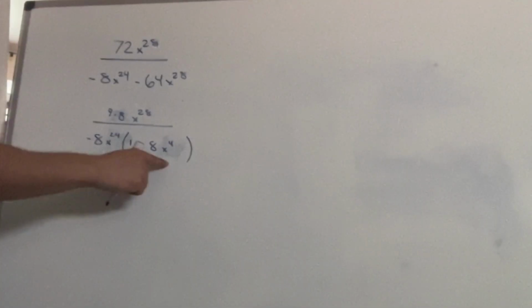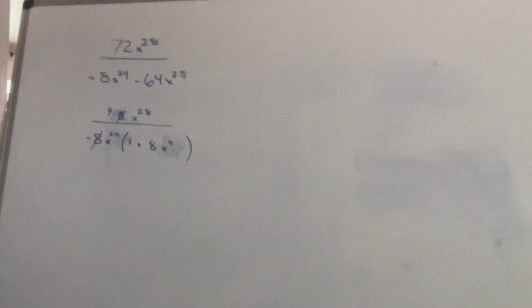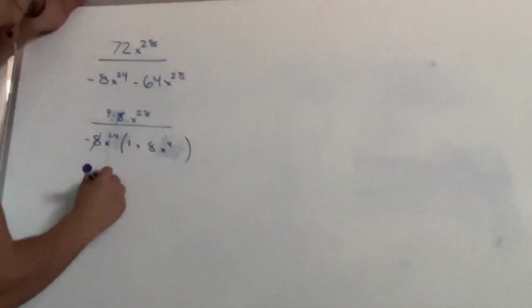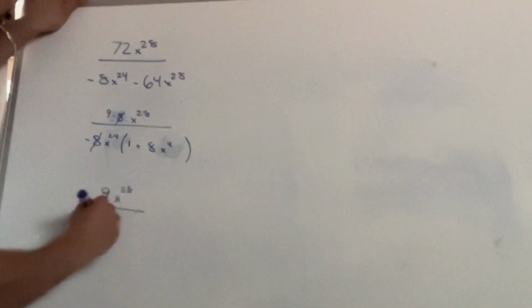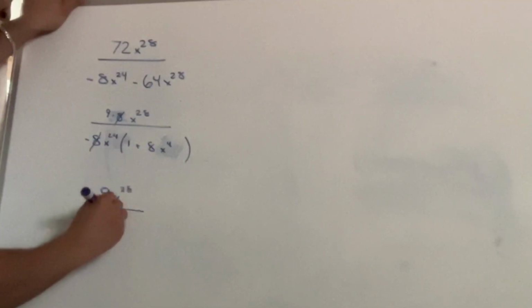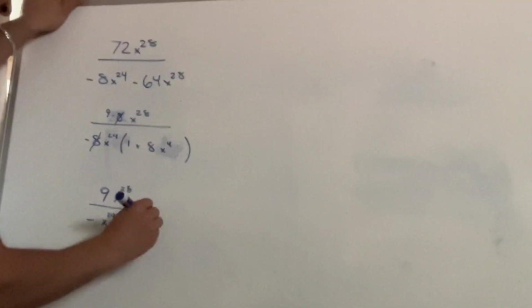This 8 applies to everything on the bottom. This 8 applies to everything on top, so you're able to cancel them. Alright, so then we can rewrite that as 9x to the 28 over negative x to the 24 times 1 plus 8x to the 4th.